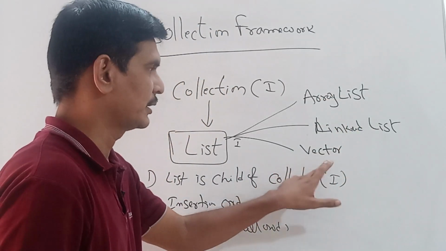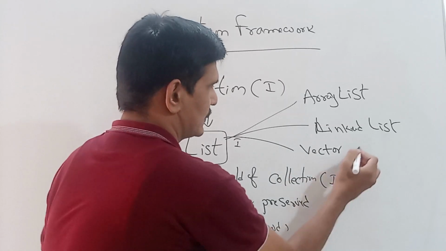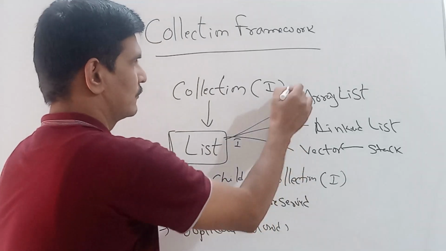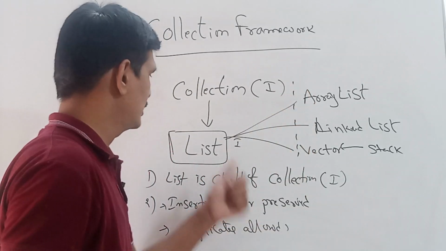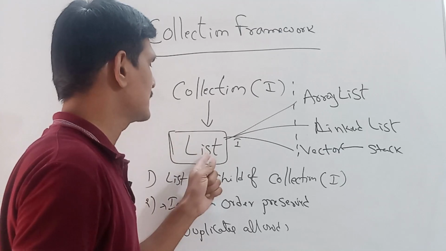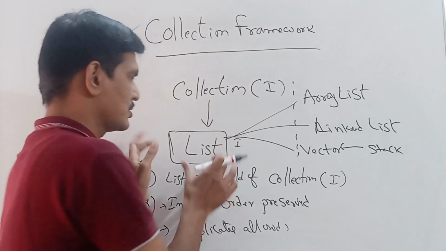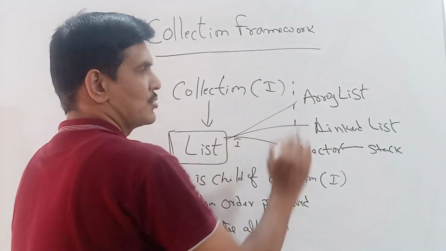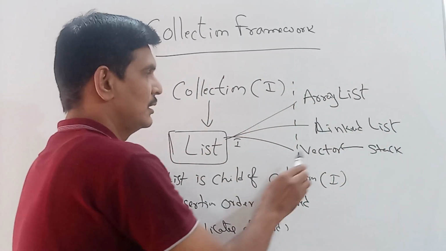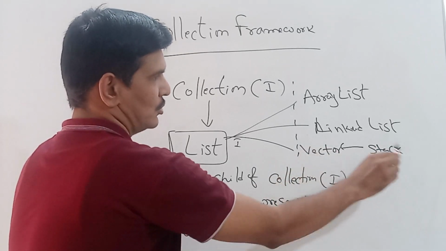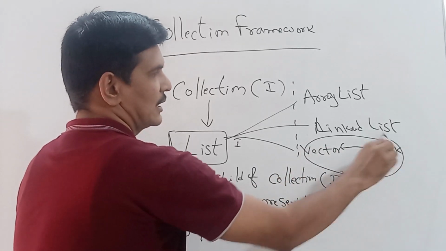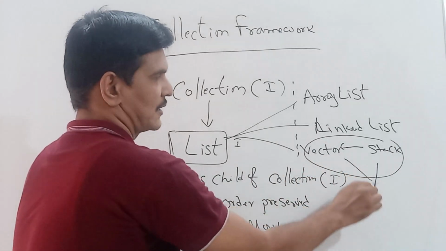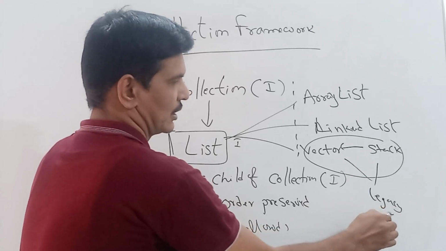This is also another kind of collection, and it is extended by Stack. Vector and Stack are also classes, and these are called legacy classes. You can find them in the old versions of Java, so we call Vector and Stack legacy classes.